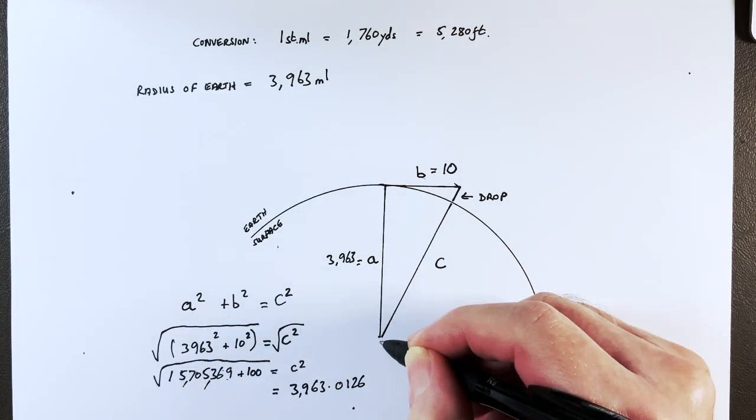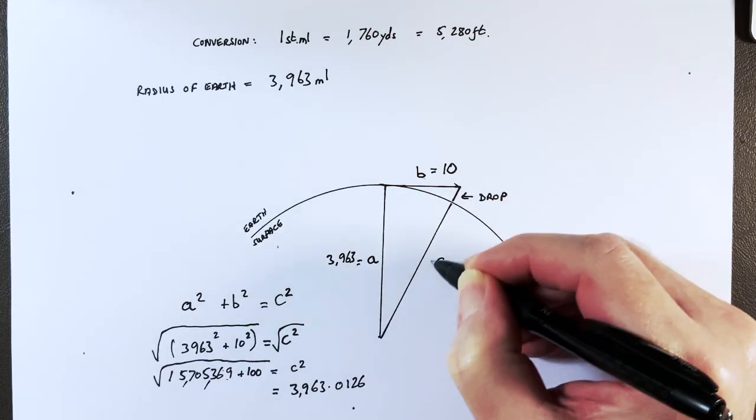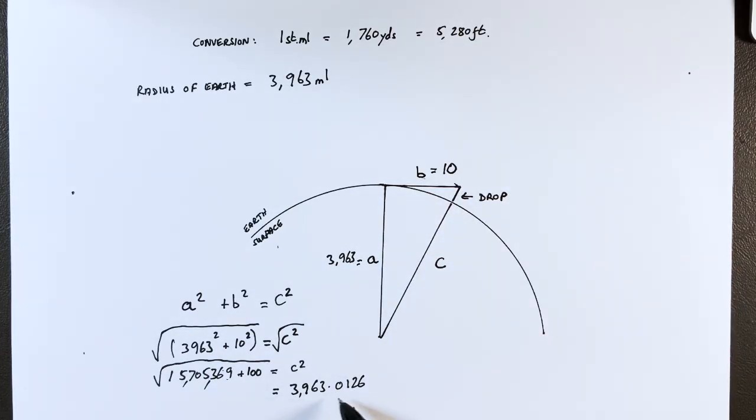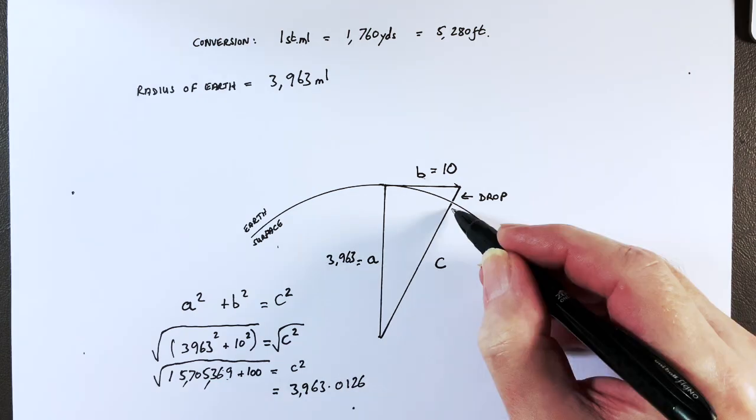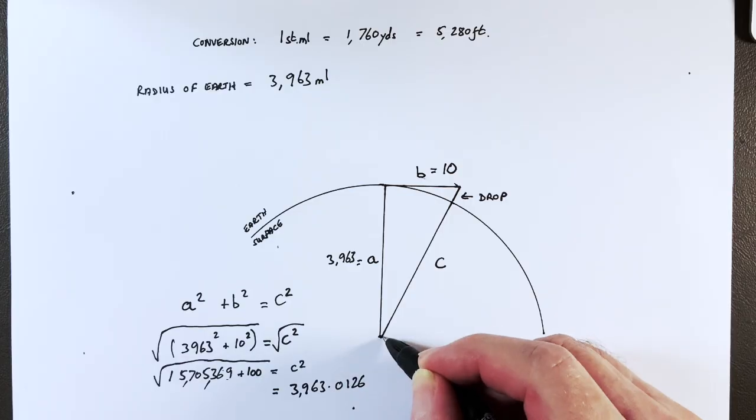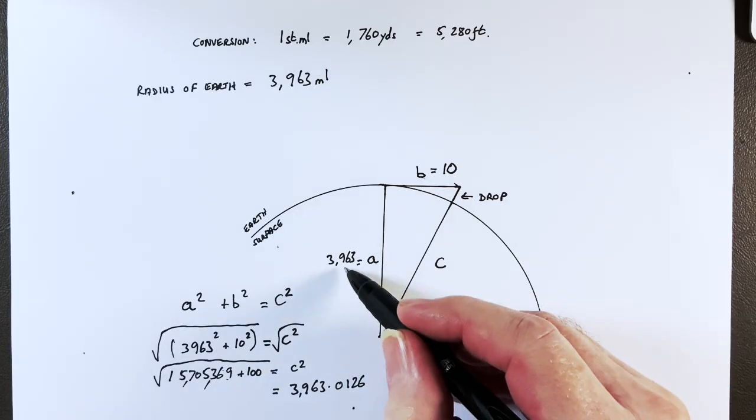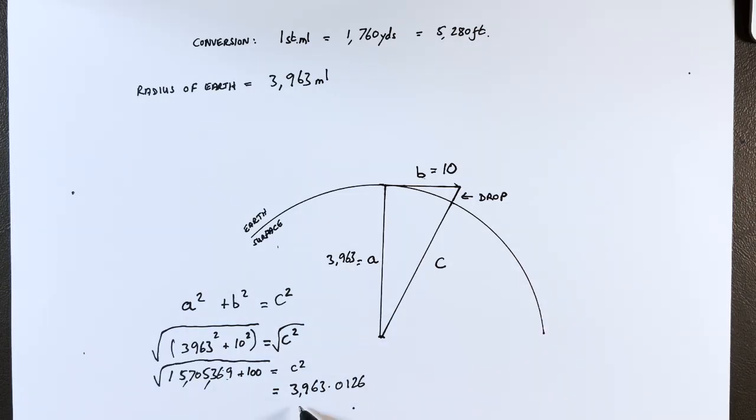Well, we know that the distance c, which is the radius of the Earth plus the drop, equals 3963.0126. But we know that this distance from here to here is the radius of the Earth, which is 3,963. So if we take 3963 away, 0.0126 statute miles equals the drop.